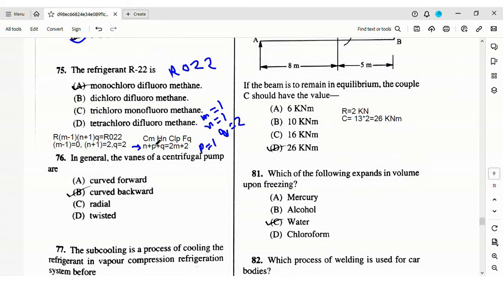So the formula will be CHClF2, monochloro-difluoromethane. The answer will be option A.